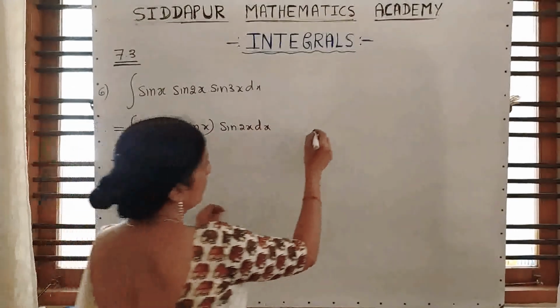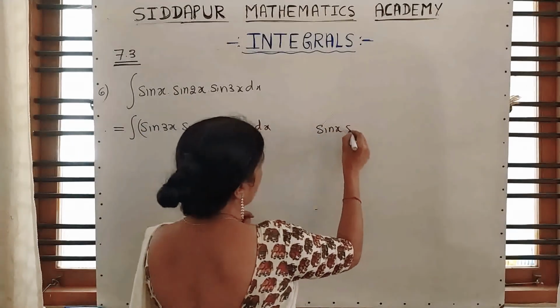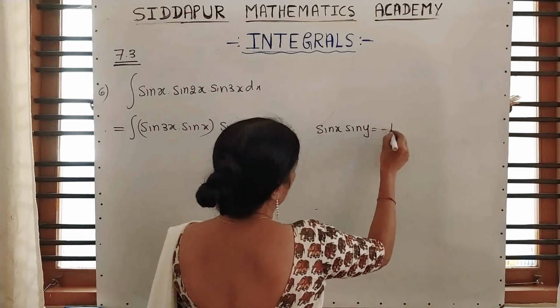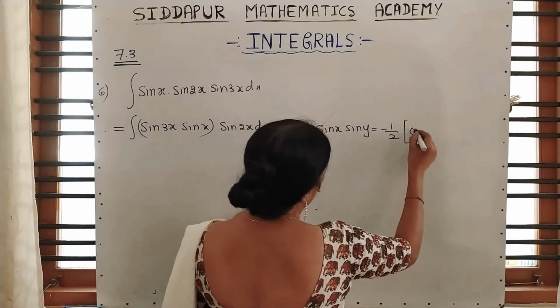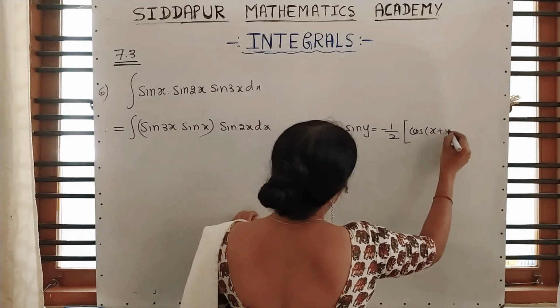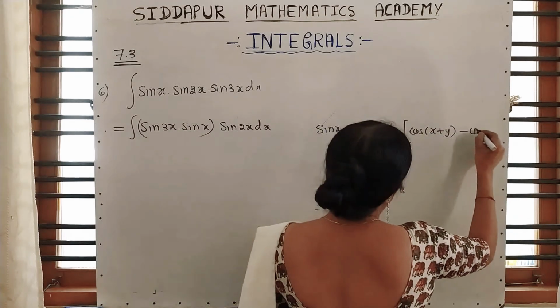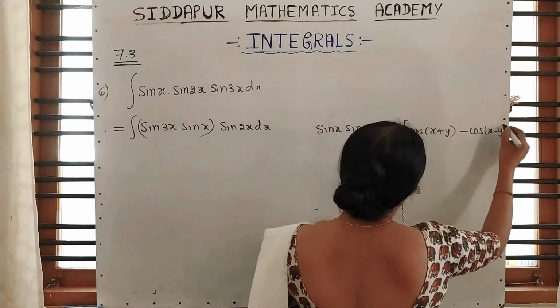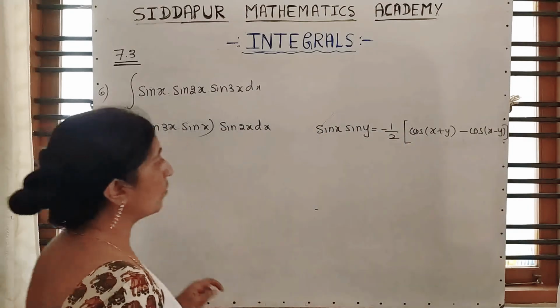Have you remembered the formula? Sin x into sin y is equal to minus 1 by 2 in the bracket, cos of x plus y minus cos of x minus y.